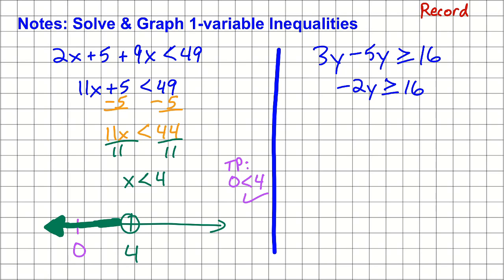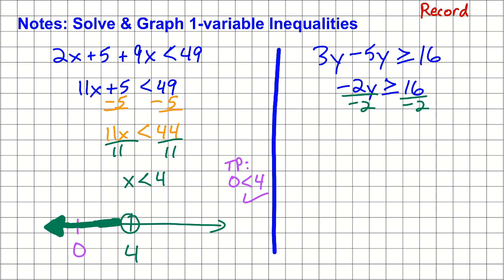Now in this one, I'm multiplying negative 2 times y. To undo the operation of multiplication, I have to do division. So I divide by negative 2. Now this is the one big difference, and the thing you need to remember.